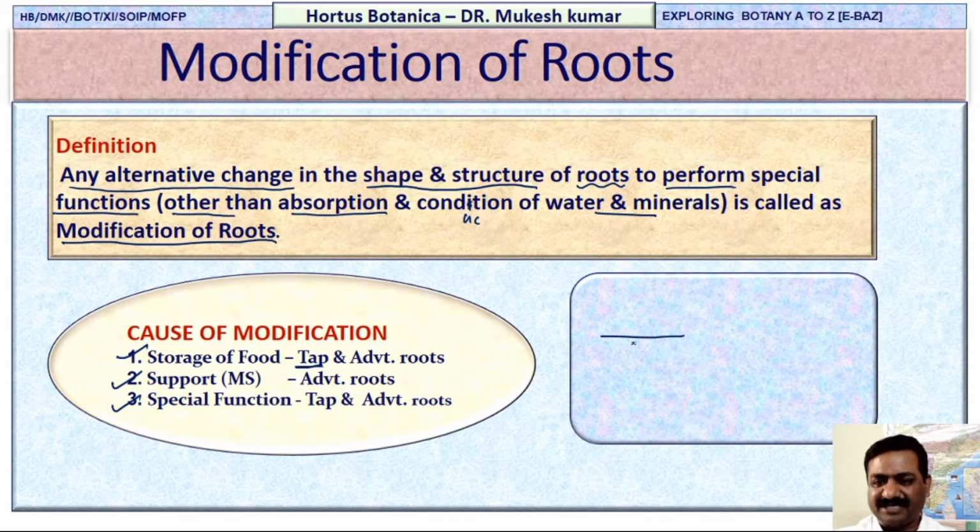See, if some structure is present inside the soil, this is the soil, and this is the taproot present inside the soil. So what we will find is that since it is present under the soil, it does not need mechanical support. As a result, the taproot will modify due to two causes. So mind well, for the taproot system, the causes of modification are two.